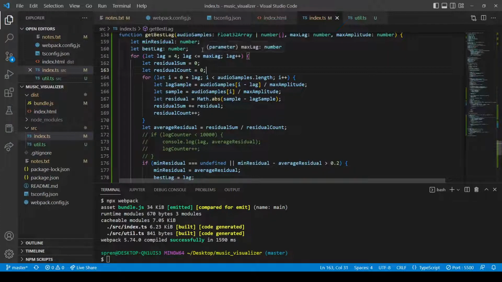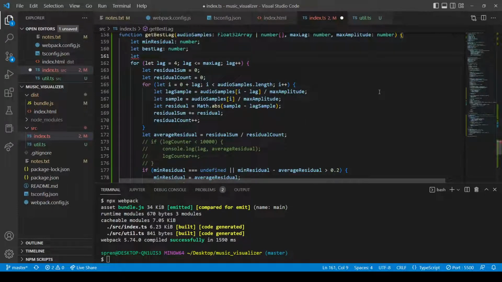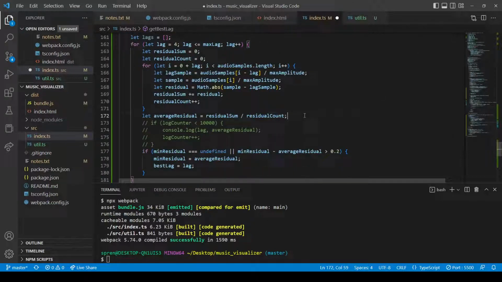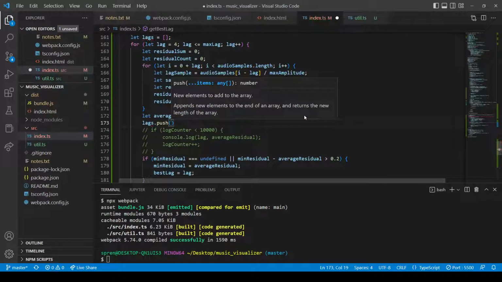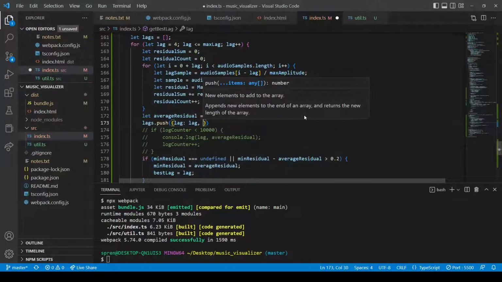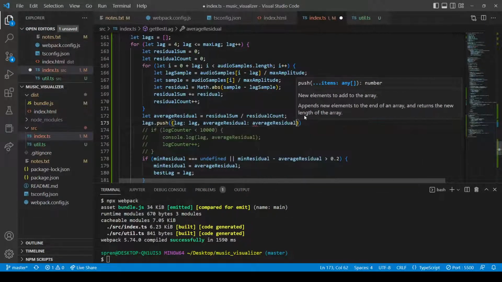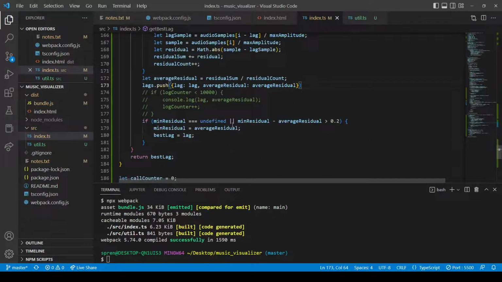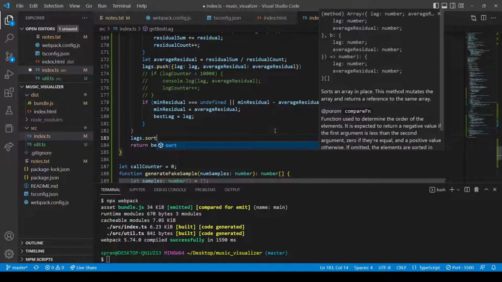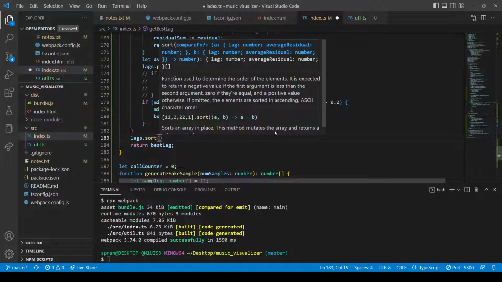Okay, so how am I gonna do this? We need a compare function.